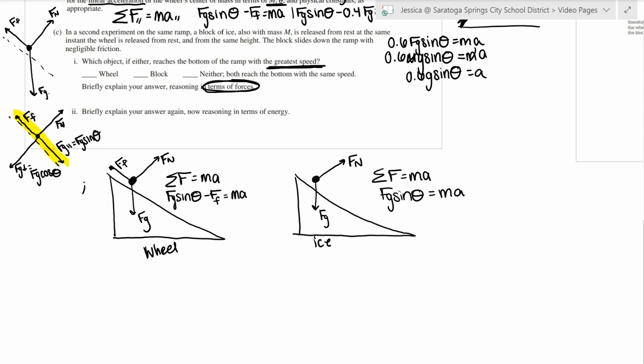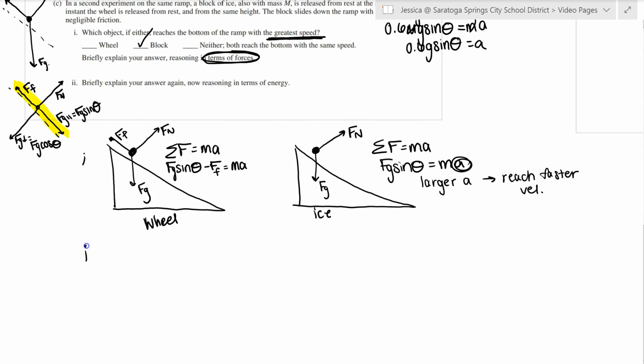So what this tells me is that the ice is going to have a larger acceleration because it has a larger net force, which means that over the same distance, it's going to reach a faster velocity. So which one reaches the greatest speed? I'm going to say the block. And I'm going to write my reasoning down here.